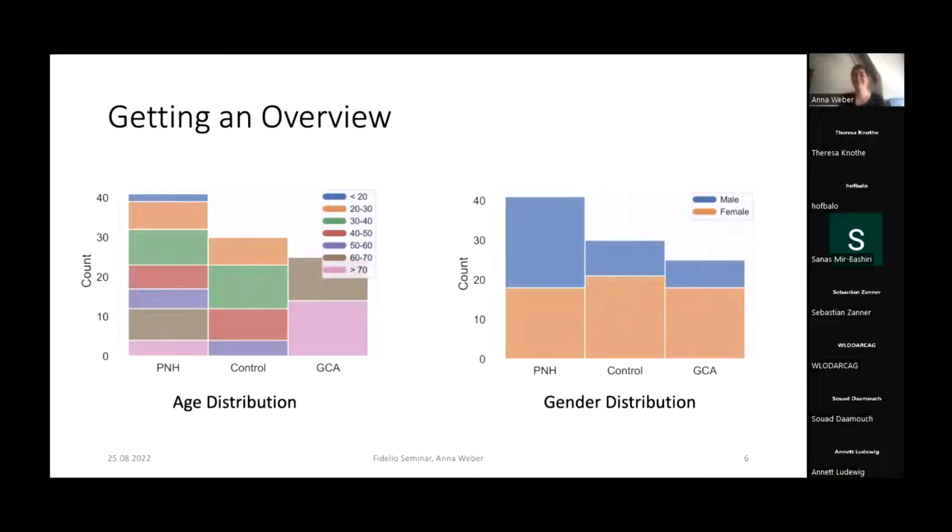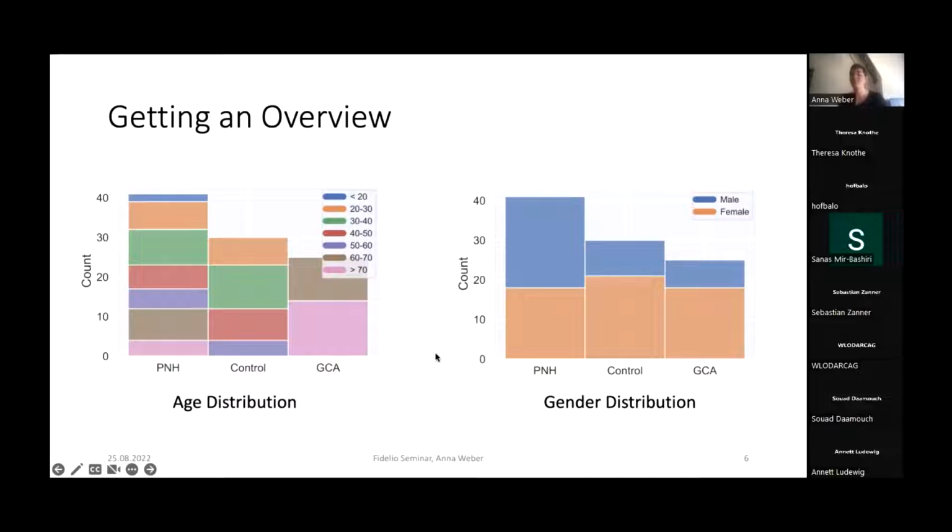And one thing that I immediately found, which was not a surprise, is that my GCA patients are significantly older than the control group, because GCA, this type of vasculitis, very typically occurs in people over 60.